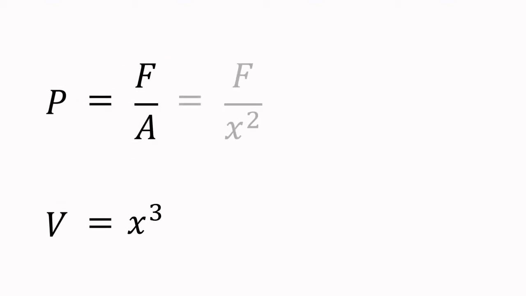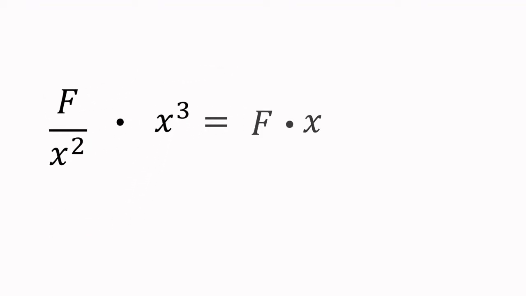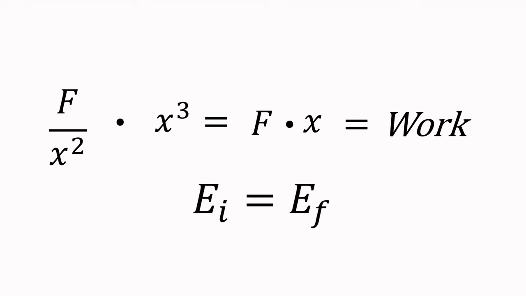As we know, pressure is equal to a force exerted over an area, taking the dimensions of F over x squared. Volume takes the dimensions x cubed. When you multiply them out, you're left with F times x, which we've all seen. That's work. This means that one completely valid and perhaps even intuitive way of interpreting PV = nRT is through the lens of conservation of energy.